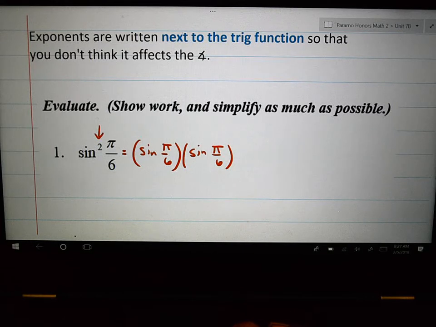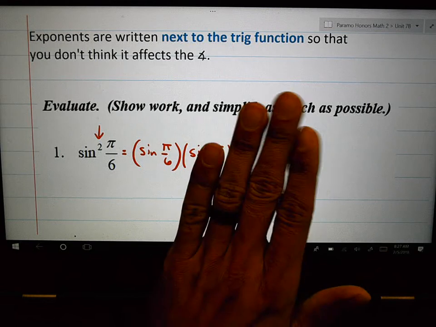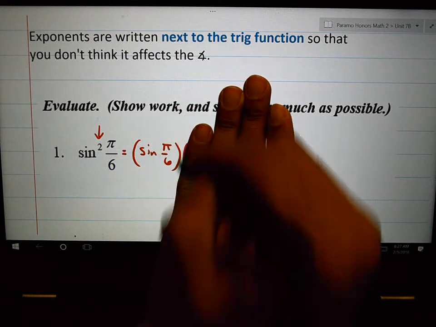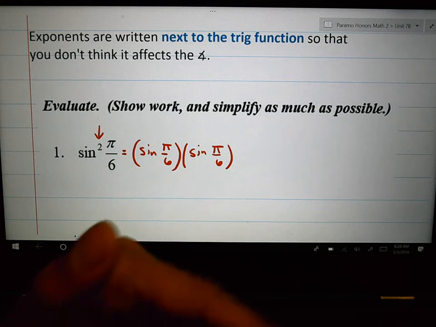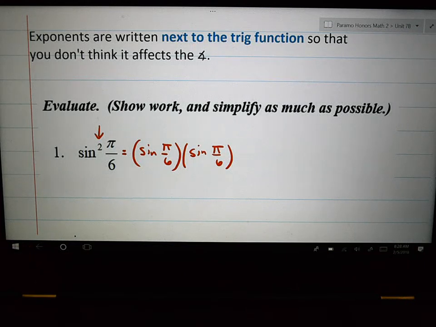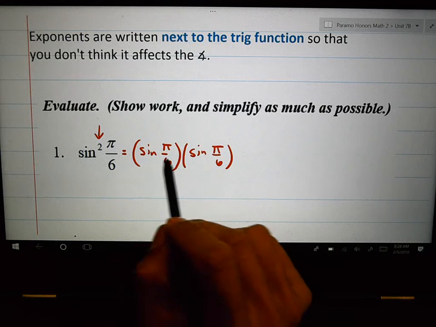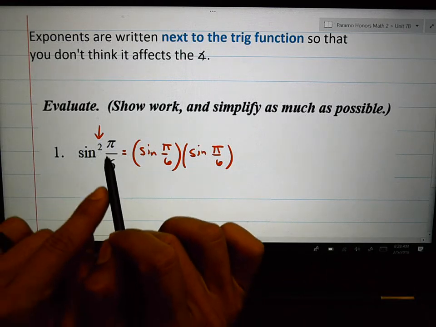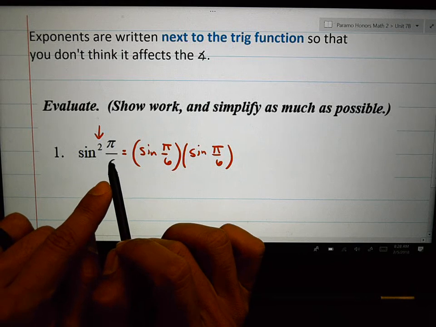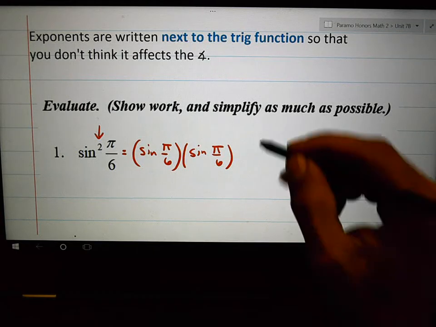If you wanted to, you could write it like this with the squared outside the parentheses, but I don't want to do that. I just wanted to show you what it means. Now, if you know this, and you know your order of operations, you're going to do this sine of pi over 6 first. Now, I know what the sine of pi over 6 is.